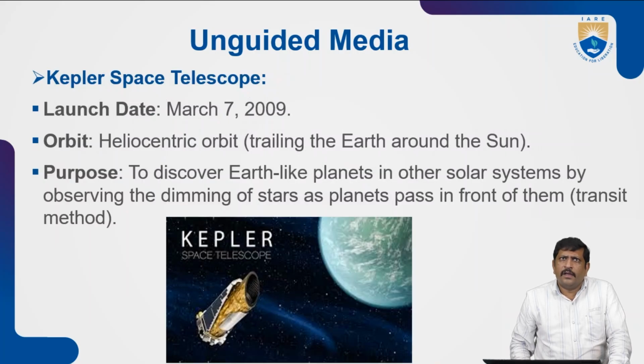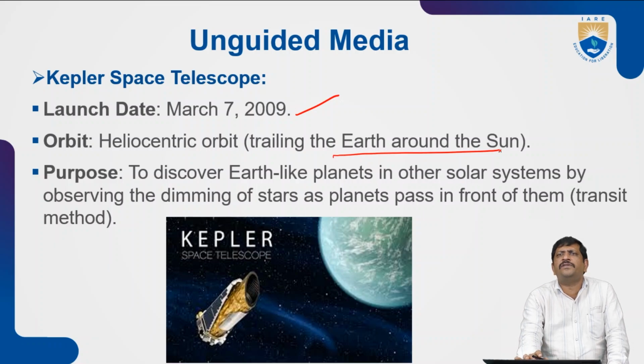And next, the Kepler Space Telescope, the KST, which was launched on March 7, 2009. This is the orbit of the Kepler space telescope: a heliocentric orbit, trailing the Earth around the Sun.